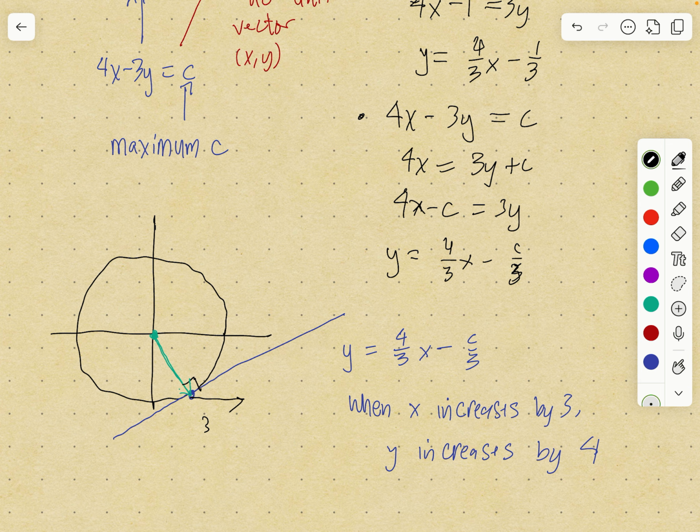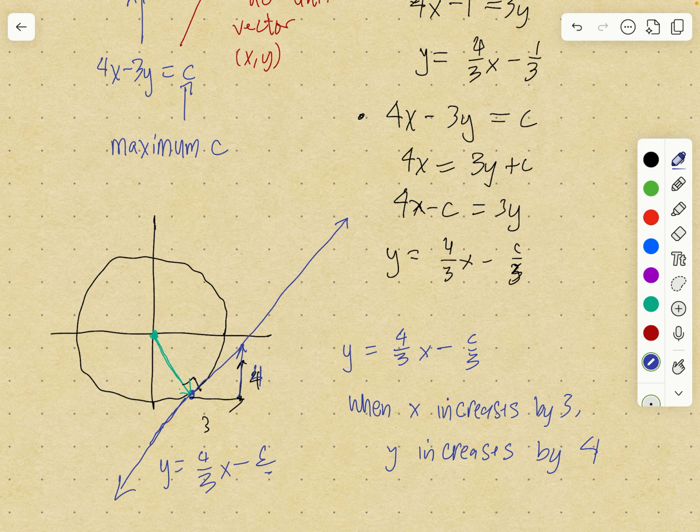When x increases by 3, y increases by 4. Okay, so that's this line, y equals 4/3 x minus c over 3. So this vector along the line is 3, 4.